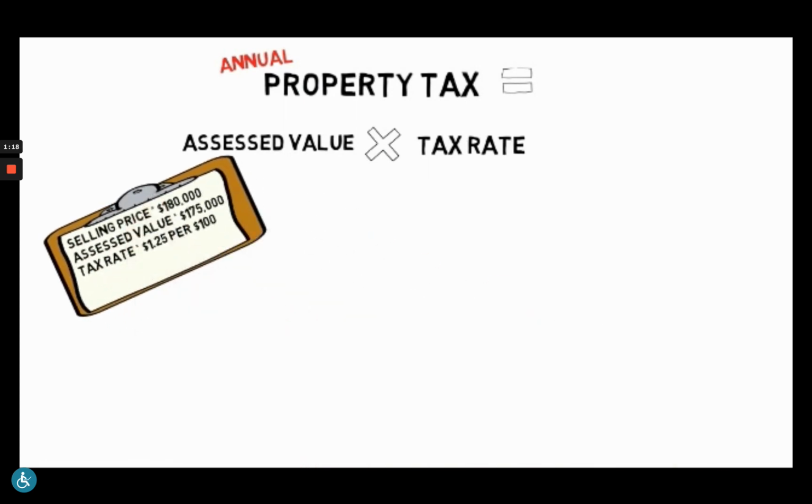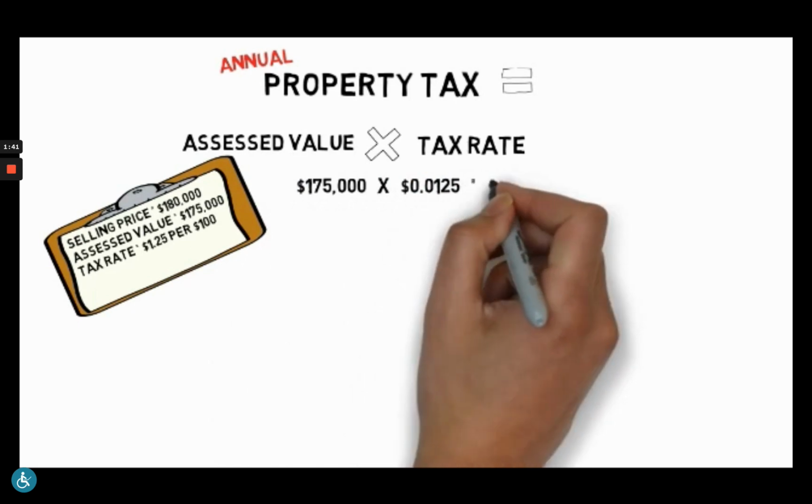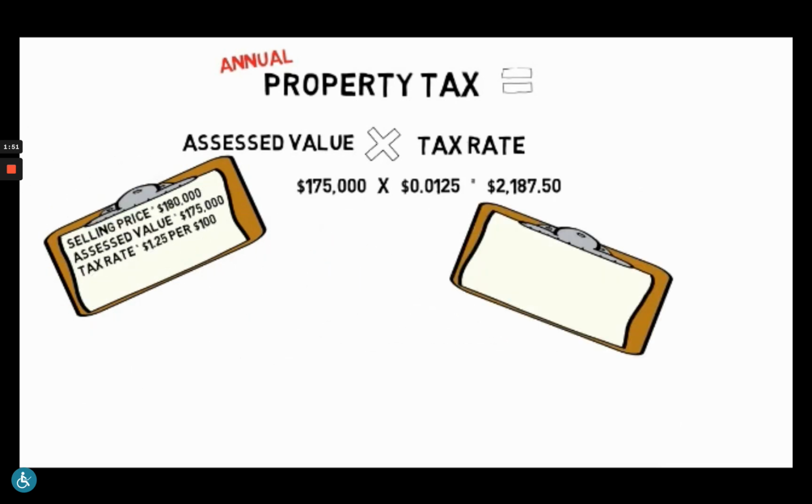An example, a home that sells for $180,000 was assessed at $175,000. The tax rate for the area is $1.25 per 100 of assessed value. That's the same as saying 0.0125 per dollar. So, if we multiply 175,000 by 0.0125, we get an annual tax amount of $2,187.50. The calculation can get more complicated.